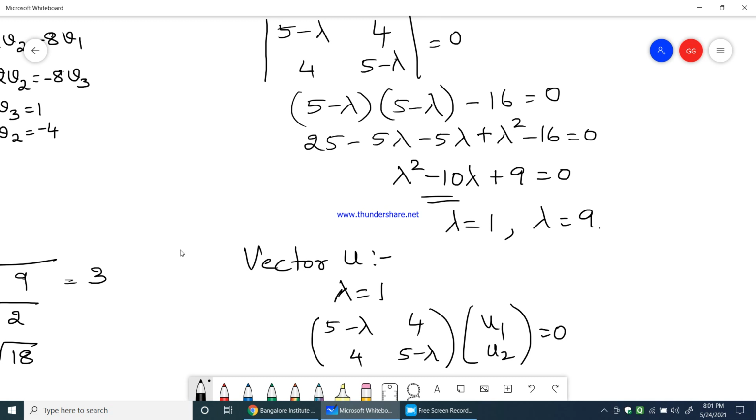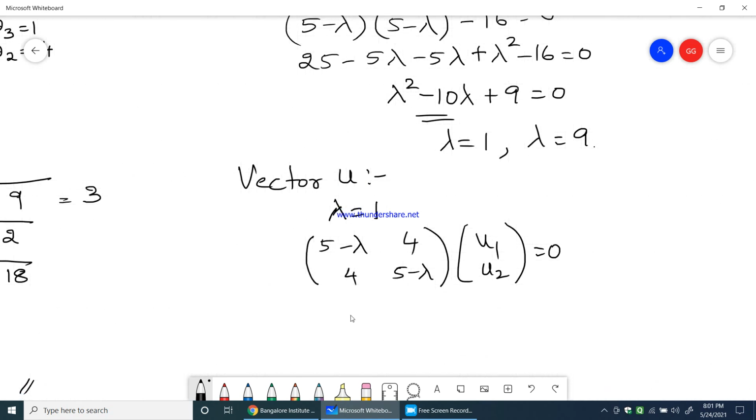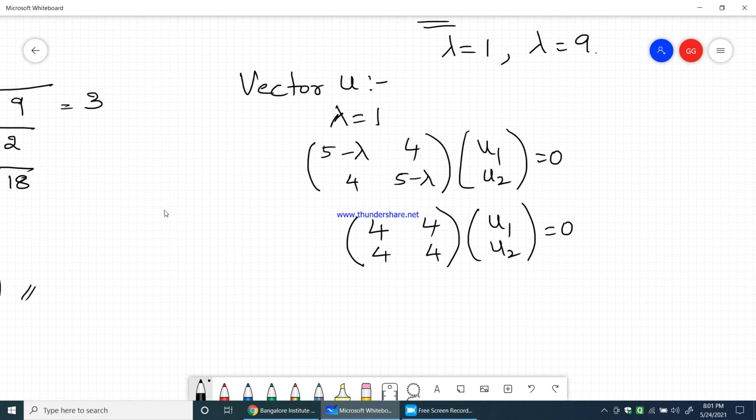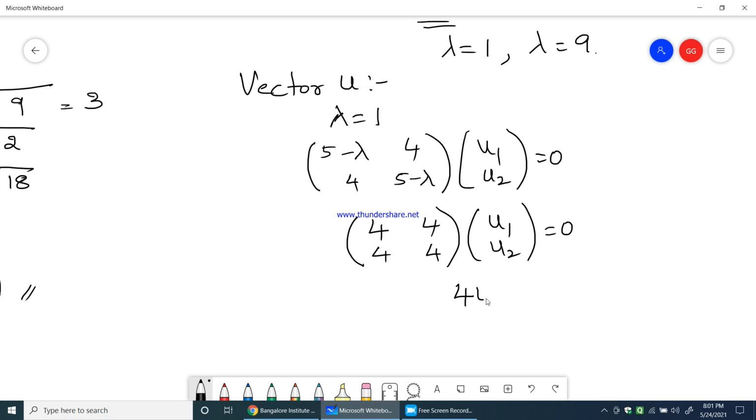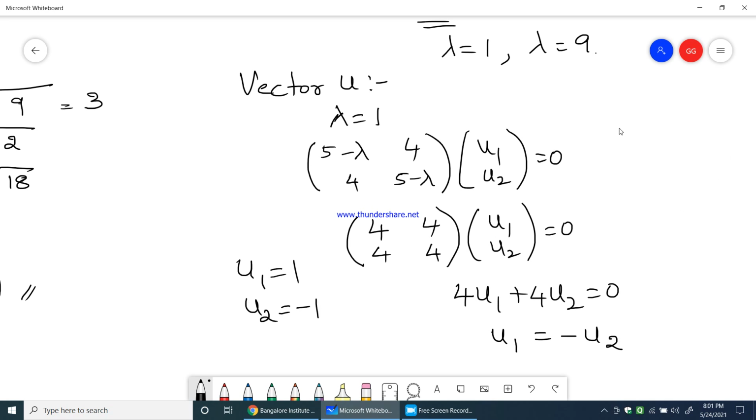When lambda equals 1, 5 minus 1 is 4, so both equations give 4u1 plus 4u2 equals 0. So u1 equals minus u2. Therefore when u1 equals 1, u2 equals minus 1, and the first u vector is 1 and minus 1.